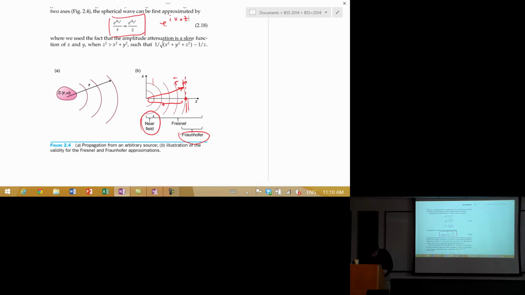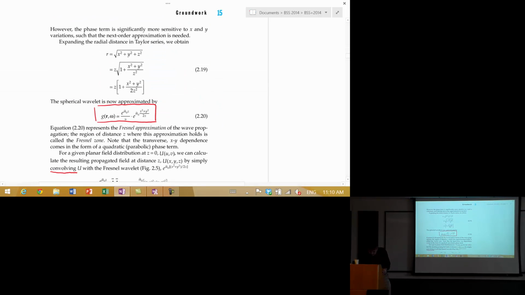Well, we have to be a little bit more accurate. So we're trying to expand e to the ik not r, where these are scalars. So r is the square root of x squared plus y squared plus z squared. I'm saying x and y, meaning the observation plane over there, is much smaller than the distance from here to there, right? So that's fine.